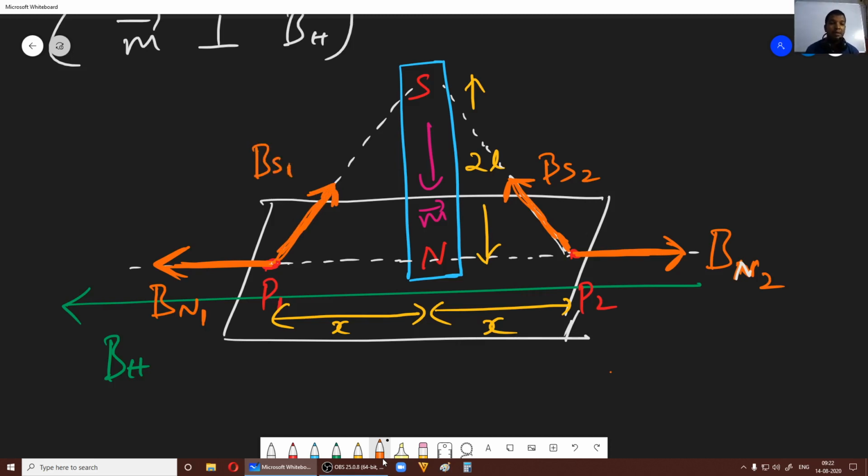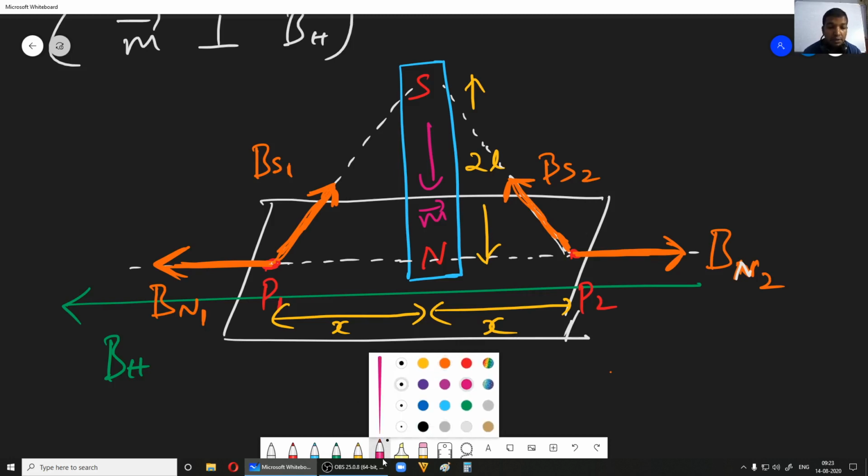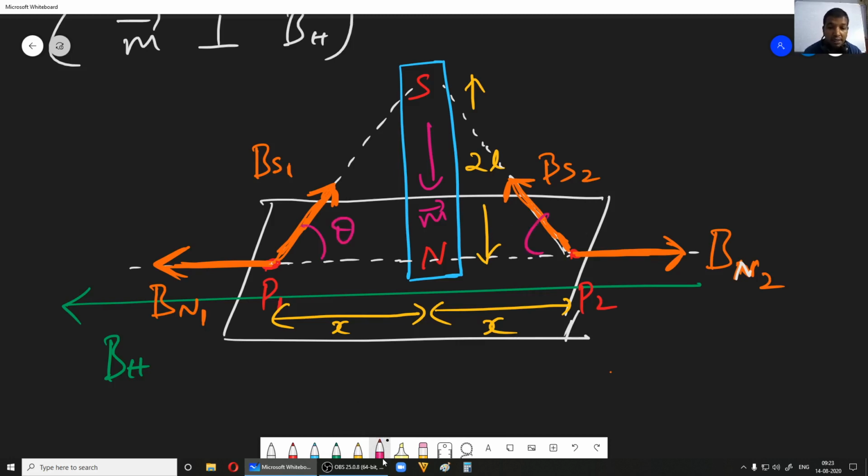Now because we have taken the distances of P1 and P2 to be the same from the north pole, the angle will be the same. Let us say this angle is theta and this angle is also theta.